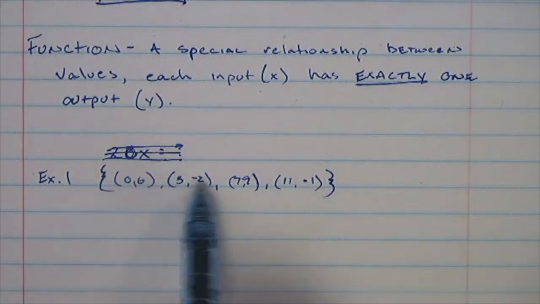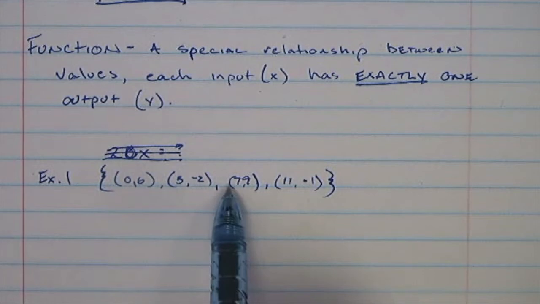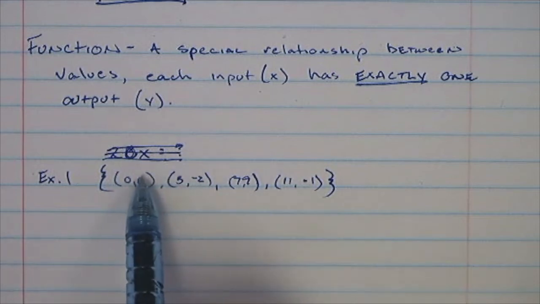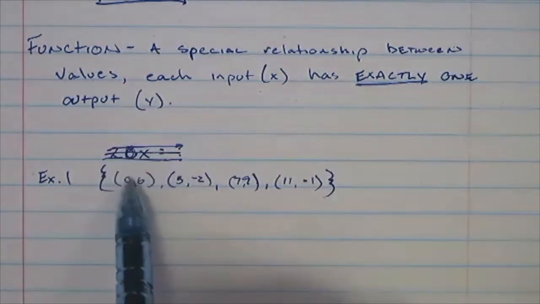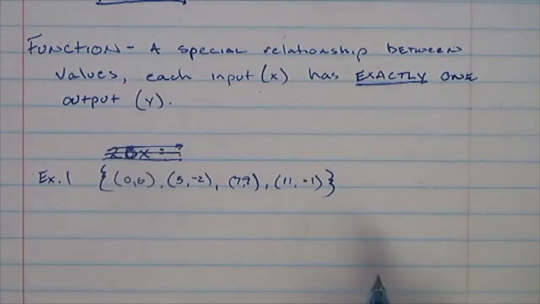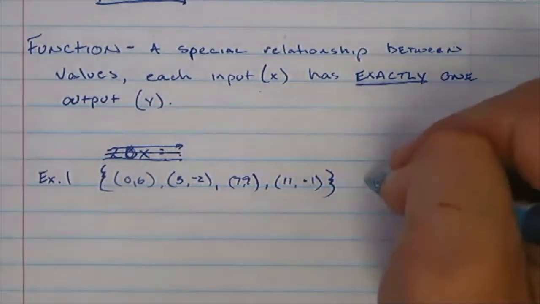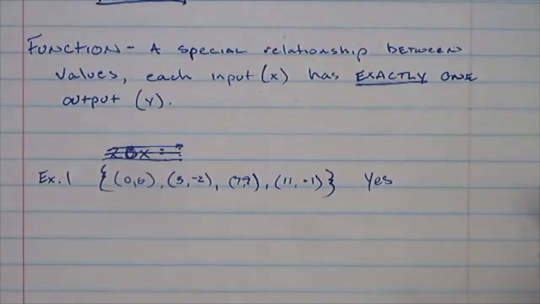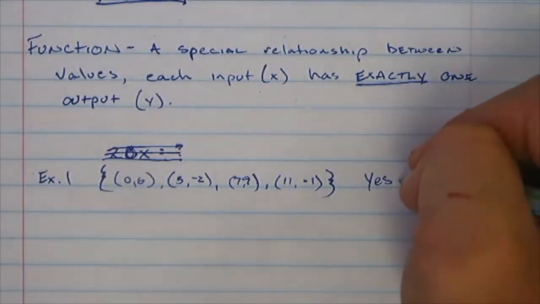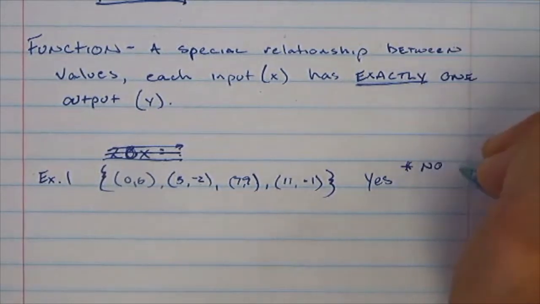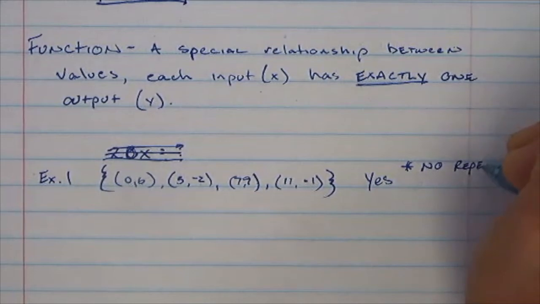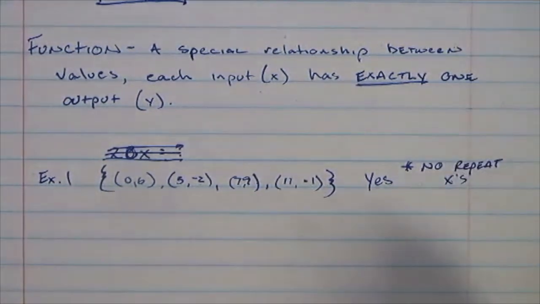So these 4 discrete points, there are no repeating inputs, and therefore each input here has one output. You don't have a 0 and then 2 potential y values. So yes, this is a function. I can tell that because there are no repeated x's. That tells me that it is a function, all right?